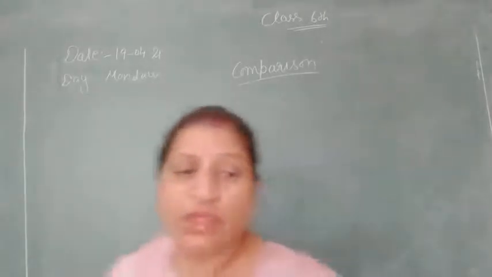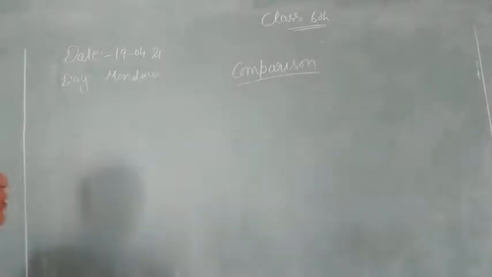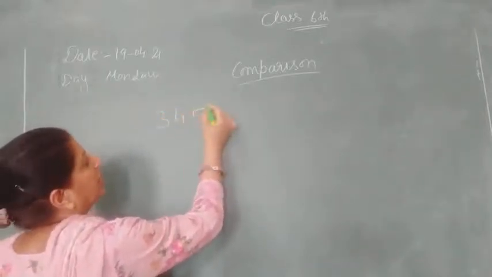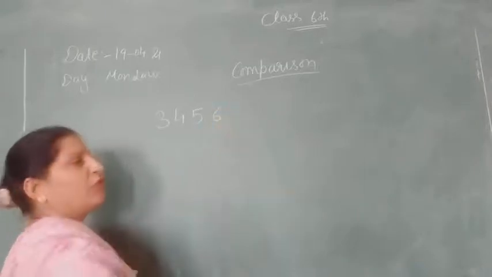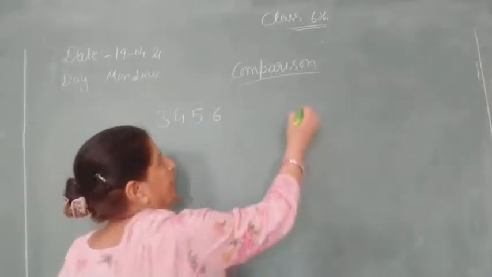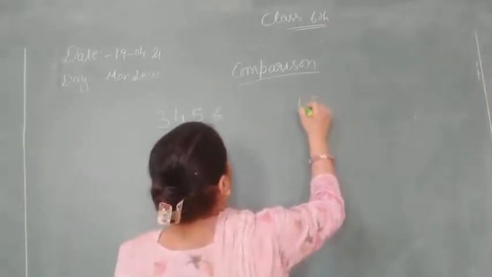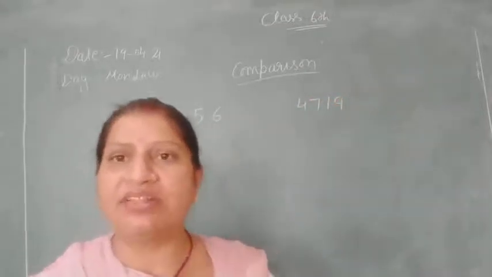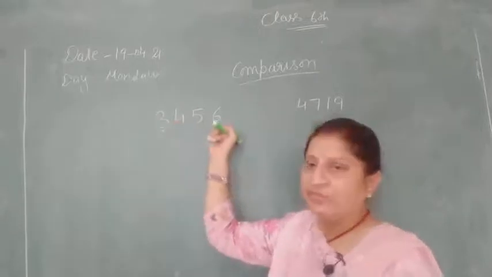So for this, first of all, I take an example. Suppose I write 3,456. And now here I write 4,790. We take two numbers having the same number of places.